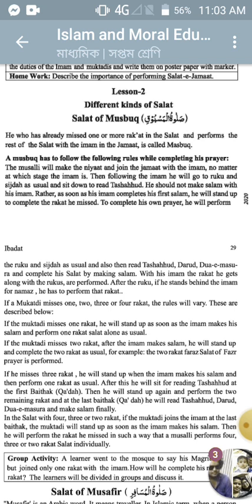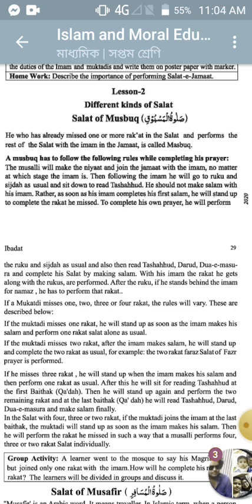If he misses 3 rakat, he will stand up when the imam makes his salam and perform 1 rakat as usual. After this, he will sit for reading tashahhud at the first baitak. Then he will stand up again and perform the remaining rakat, and at the last baitak he will read tashahhud, durud, and dua, and make salam finally.